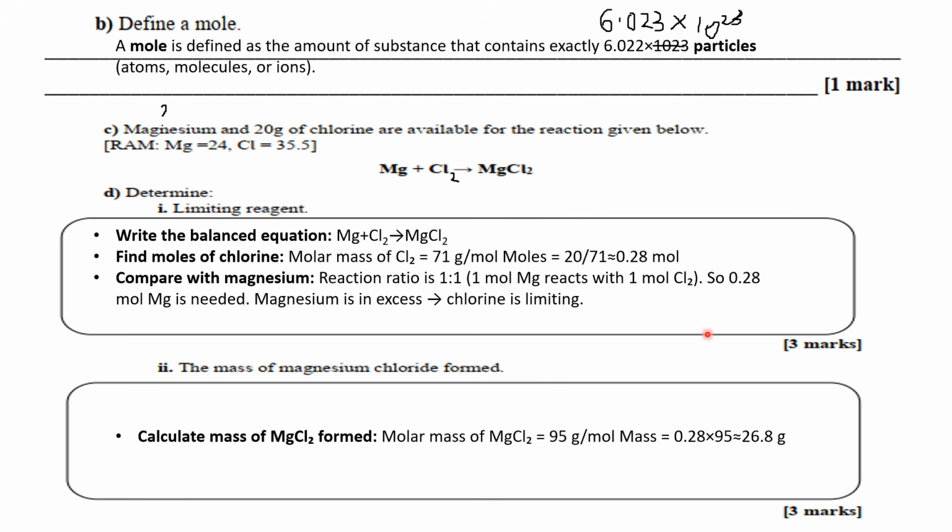But we said that the number of moles for chlorine and magnesium was the same because magnesium and chlorine are combining in the ratio of 1 to 1. So in this case, the mass is going to be 95 times 0.28, which is 26.8.